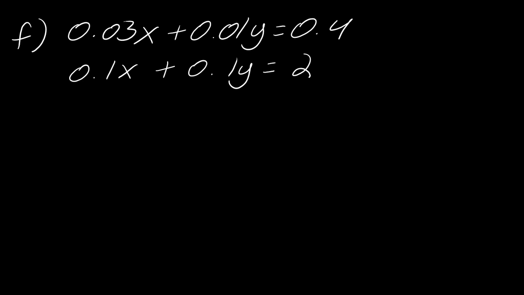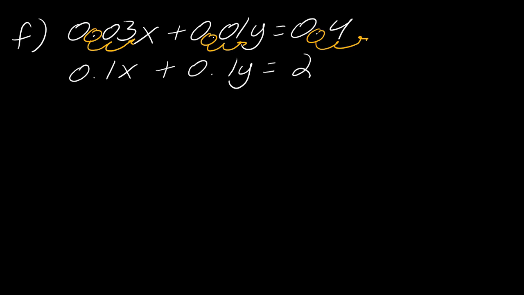And for my last one, so I have decimals here. So the trick with decimals is that you just really want to move them to the right. So what you're going to do for each equation is you count the maximum number of decimal spots and then move all decimals that many. So for the first one, the maximum number of decimal spots is 2. So I'm going to move each one of these decimals over 2 spots.